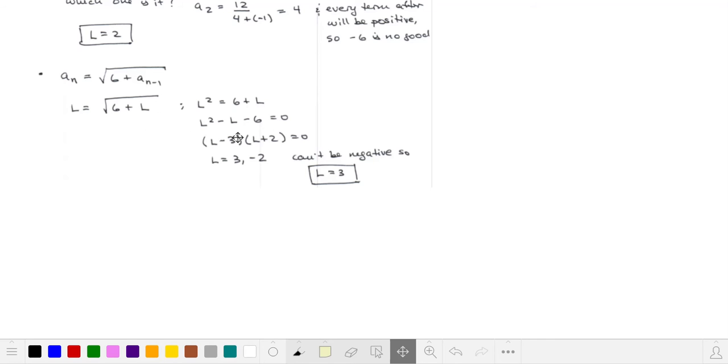And I factor this and I get 3 and minus 2. And now I know it can't be minus 2 because when you take the square root of a number, you can't get a negative number. Actually, that's a little bit of a lie. It's the principal square root. Yeah, the principal square root has to be positive. So L is equal to 3.